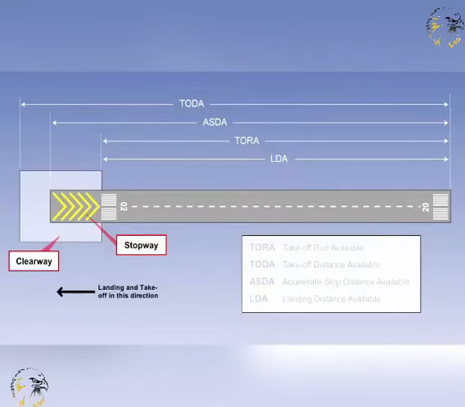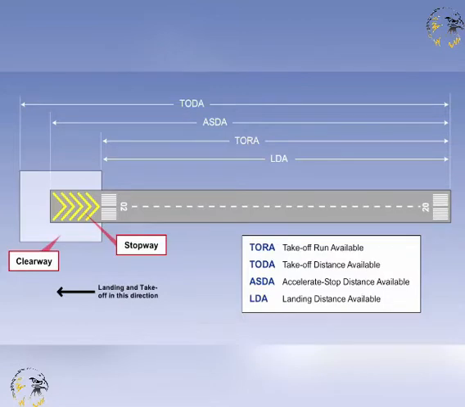Having dealt with the two types of runway extensions, let's now focus on the four specific operational distances at an aerodrome. These are takeoff run available, TORA, takeoff distance available, TODA, accelerate stop distance available, ASDA, and the landing distance available, LDA.